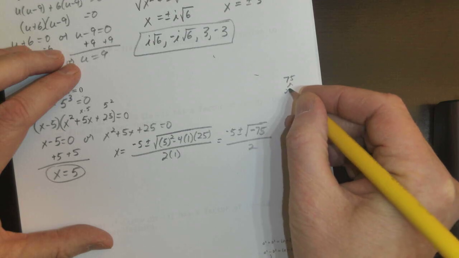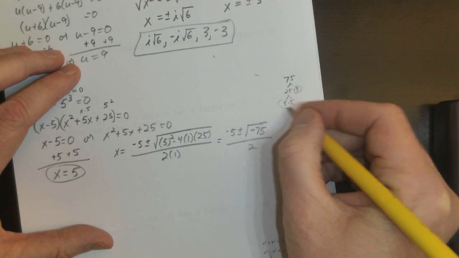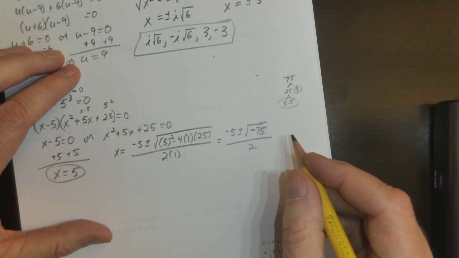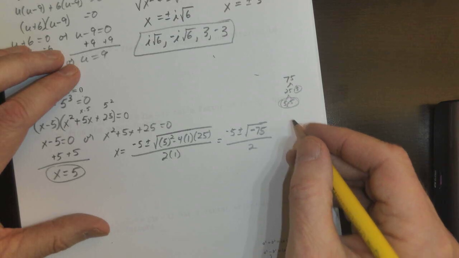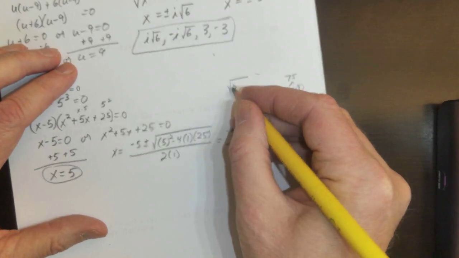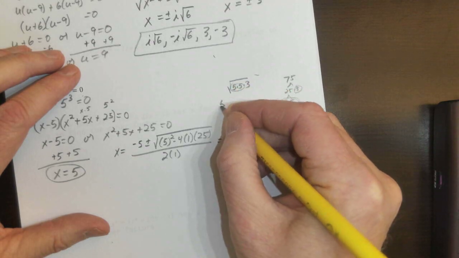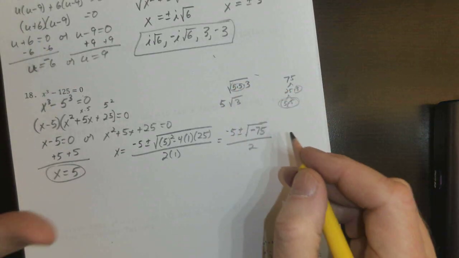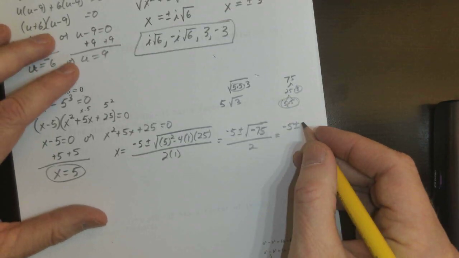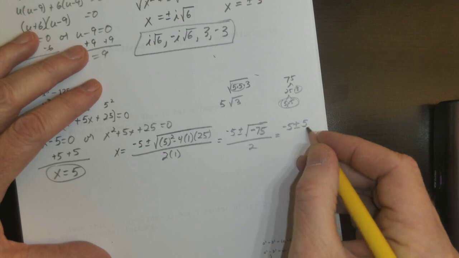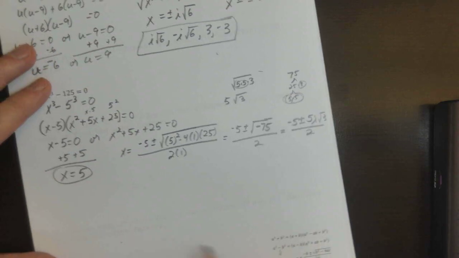75, that's 25 times 3, which is 5 times 5. So I could take these two out. And that's 5 radical 3. Now it's negative, though. So I'm going to go negative 5 plus or minus 5i radical 3 over 2.